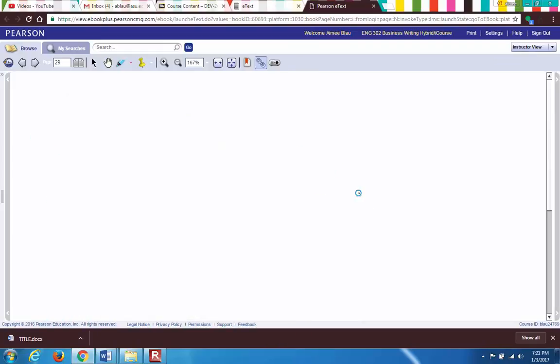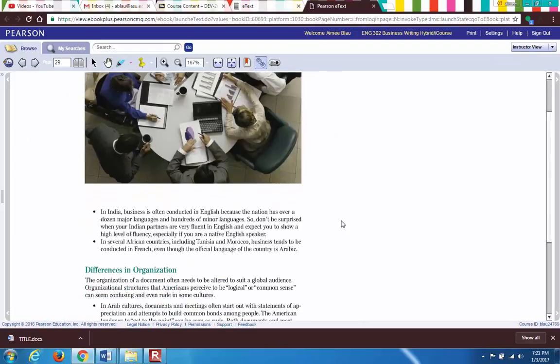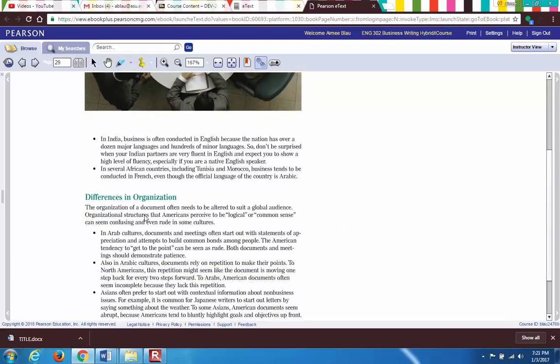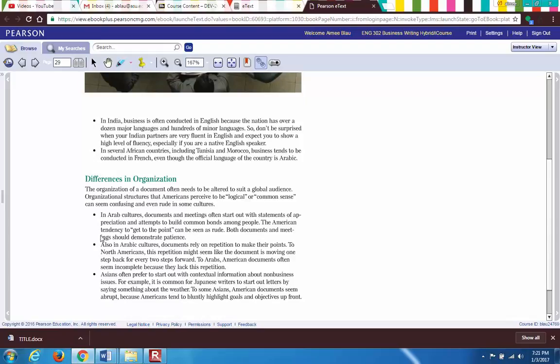If we apply that to writing, remember on page 29 there's something helpful. Cultures can even impact the way you organize a document. It says in some cultures, documents and meetings often start off with statements of appreciation to build common bonds. In Arabic cultures, documents rely on repetition to make their points.